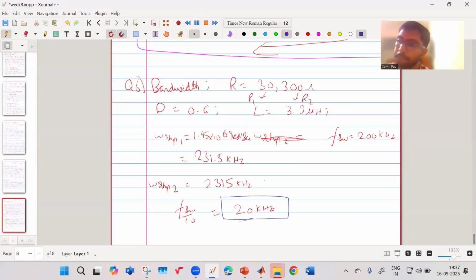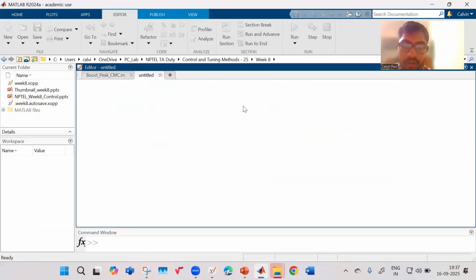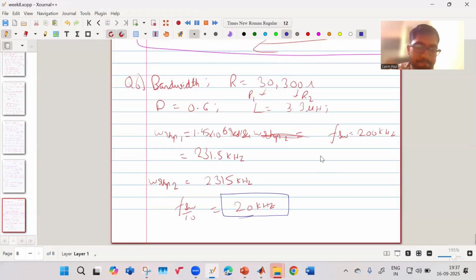Okay. Any queries about this? Sir, just to cross check, I used the formula R into (1 minus D) square by L. Correct, that's the omega RHP formula. Yes, that's the formula. In this case, your L is actually very small. That is why your omega RHP is very high.